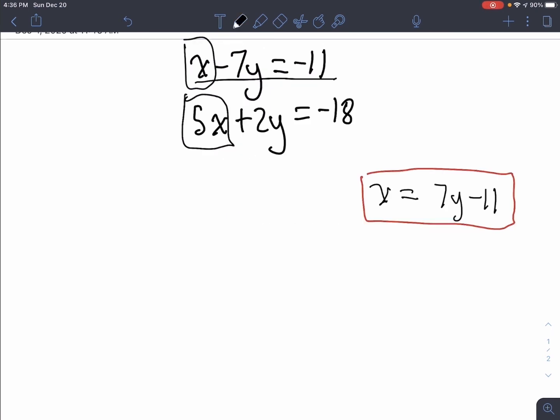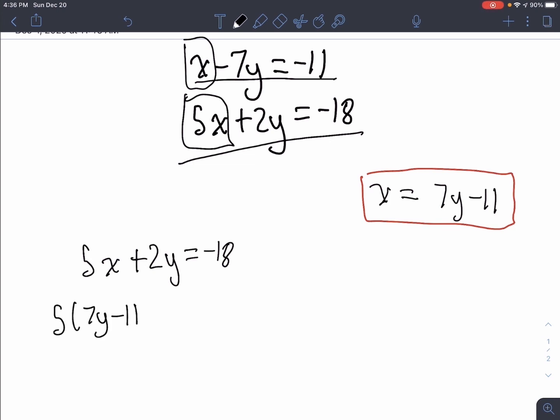Let's substitute x is equal to 7y minus 11 into the second equation. So the second equation is 5x plus 2y equals negative 18. Now we substitute x, so it's 5 times (7y minus 11) plus 2y is equal to negative 18.